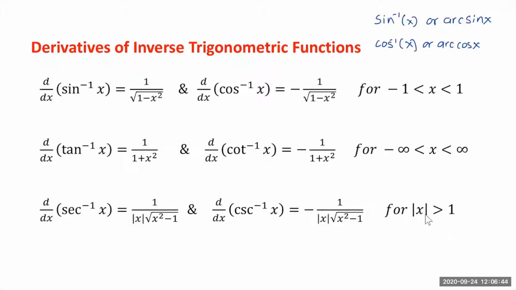Meaning x must be greater than +1 or x must be less than -1. In both cases, the absolute value will be more than 1. So these are the 6 formulas that we need to remember before we begin the computation of the derivative involving inverse trigonometric functions.